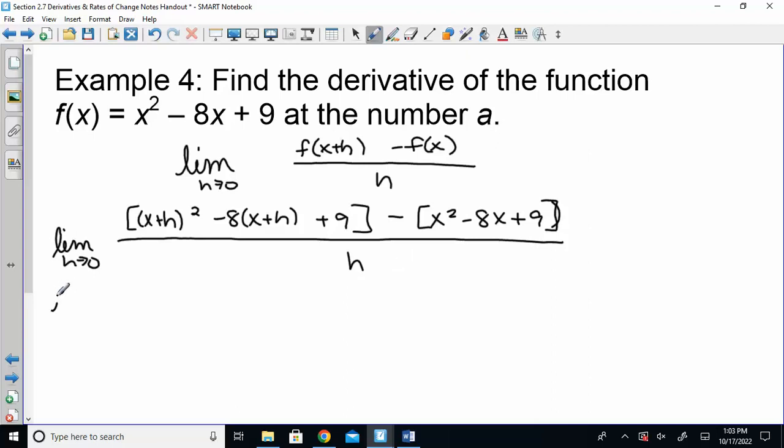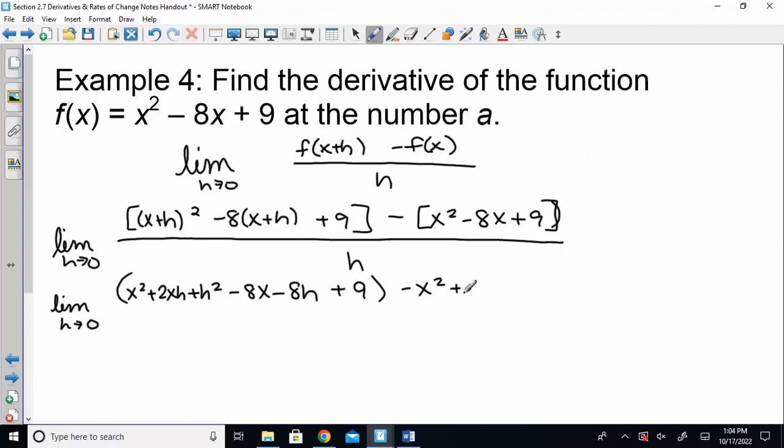So now we start doing algebra. x plus h squared, what do we do? x squared plus 2xh plus h squared. Minus 8x minus 8h plus 9.